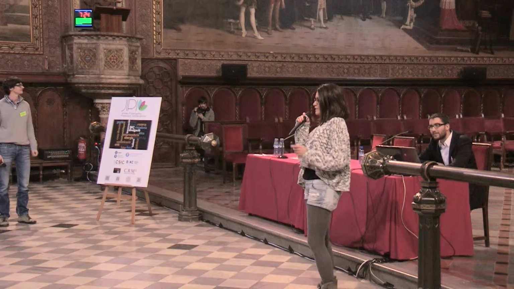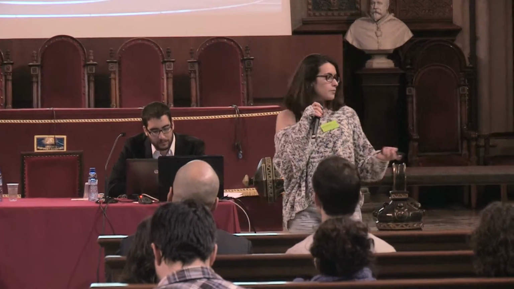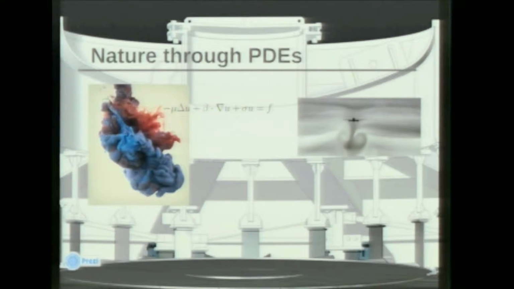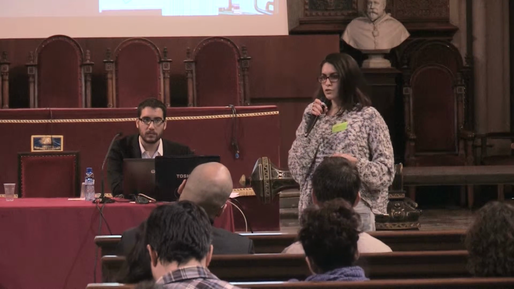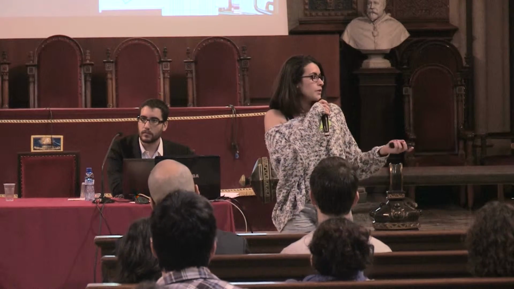So we know that scientists have been able to model physical phenomena through PDEs, partial differential equations. Here I just plot a couple of them that we are working with, and they model the dispersion of a pollutant in a fluid and fluid flows. In order to develop new technologies or to forecast natural behavior, we want to anticipate the solution of this kind of equations.